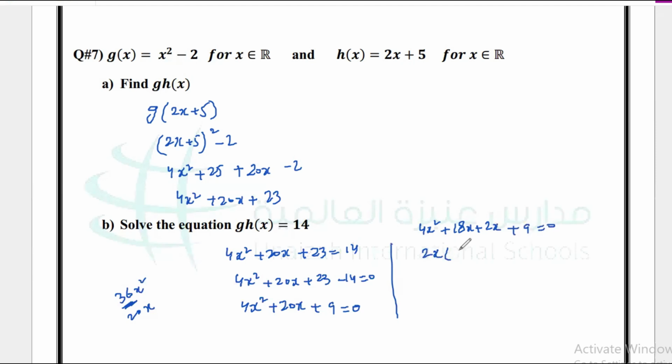So we have a common 2x, giving 2x plus 9. Here nothing is common, so 2x plus 9. It means we are getting (2x plus 9) and (2x plus 1) equals 0. That means x is equal to minus 9 over 2 and x is equal to minus 1 by 2.